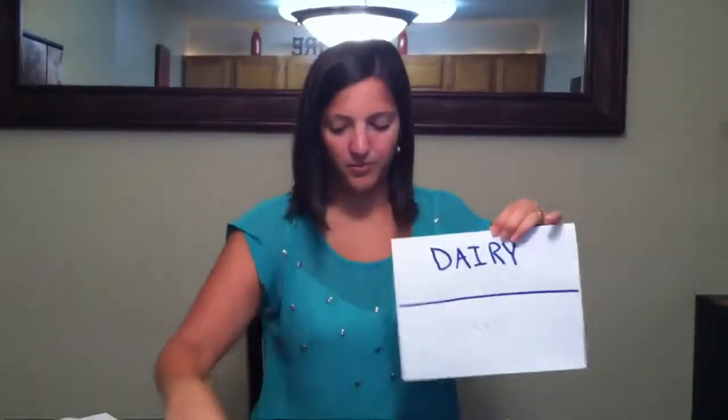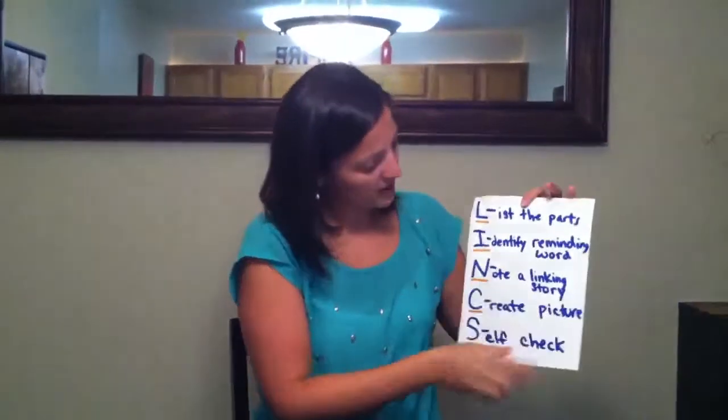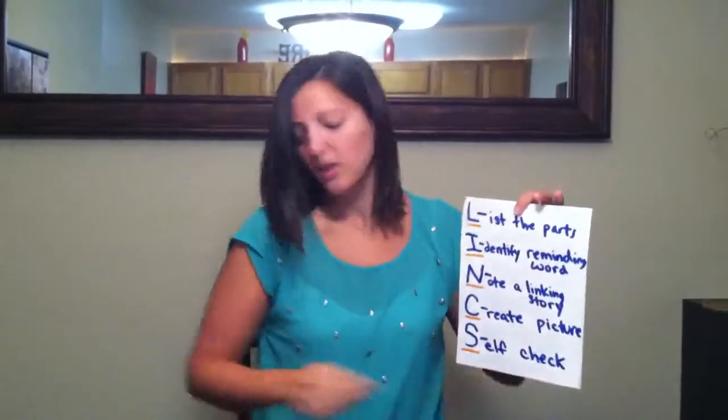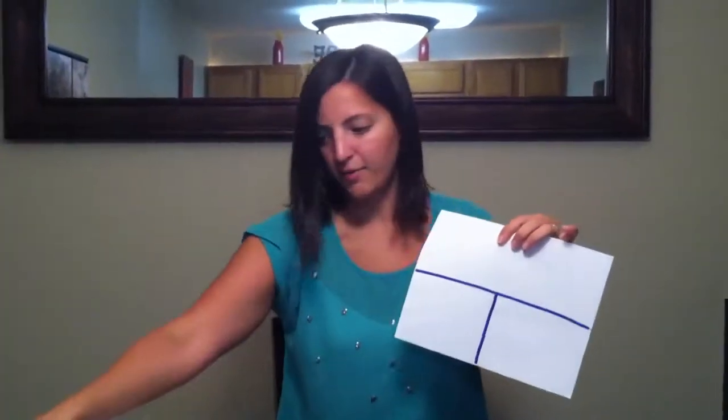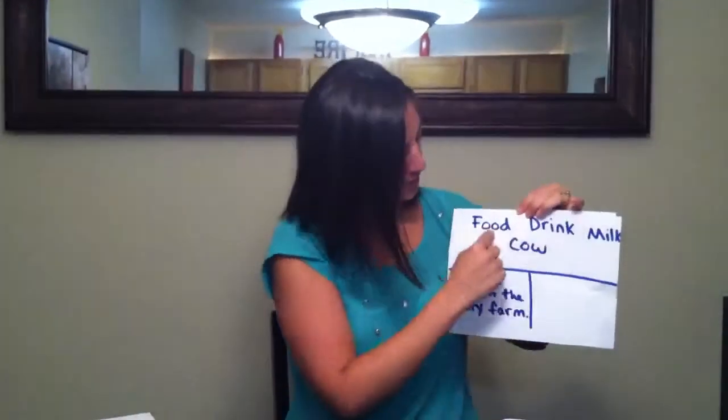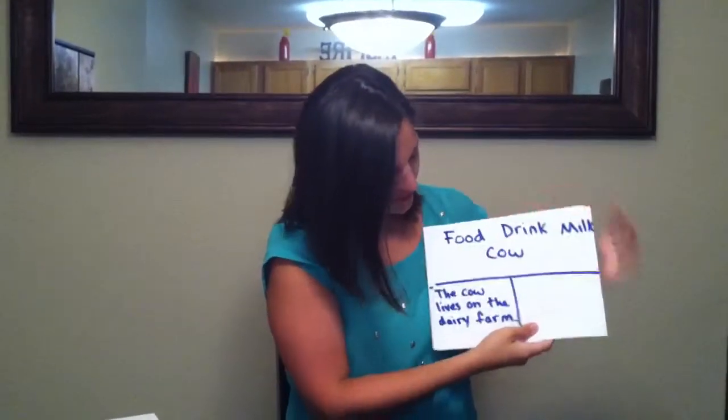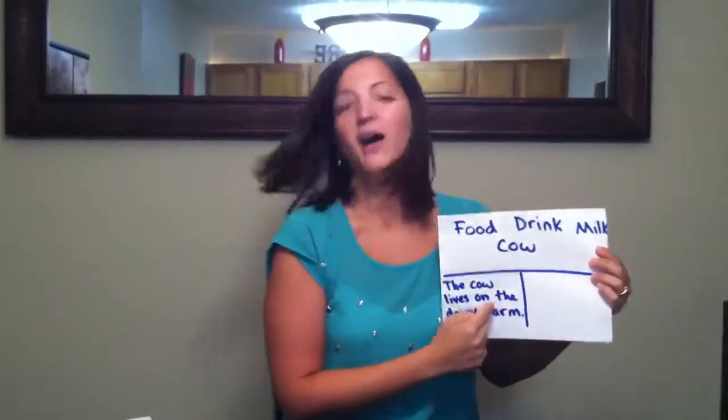So now we are going to go to the N part of our strategy that says note a linking story. So on the back of our paper, where we have food, drink, milk, and cow, over here we are going to write a linking story.